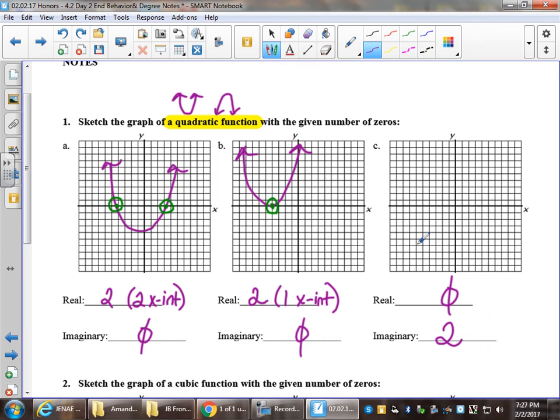Recall from our previous work on transformations, that would be a quadratic that has been shifted down and opens down. That will have two imaginaries, or it could be shifted up, opens up.